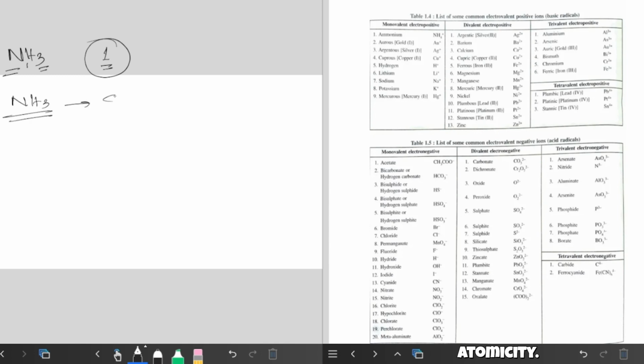So that means this will be the empirical formula of ammonia. Okay, clear? Next one, let me write CH3COOH. In this case, these things look like they don't have any common factor except 1, but no, let us arrange it first.